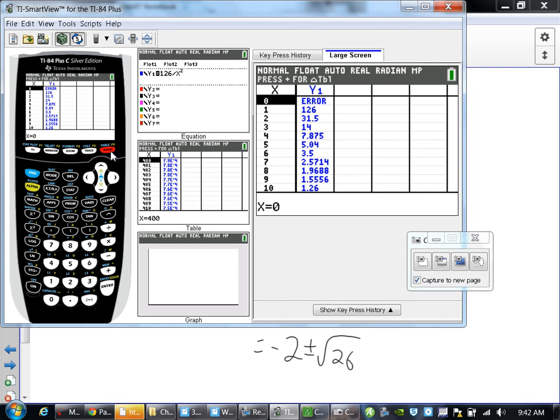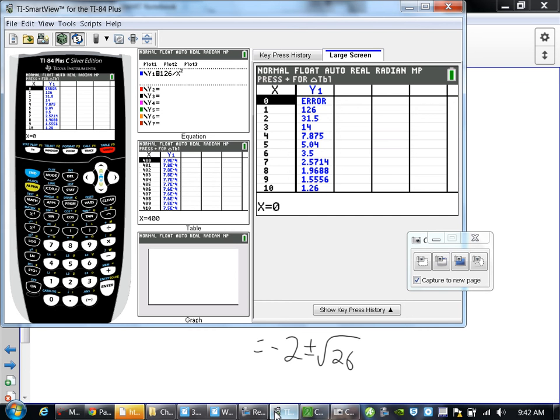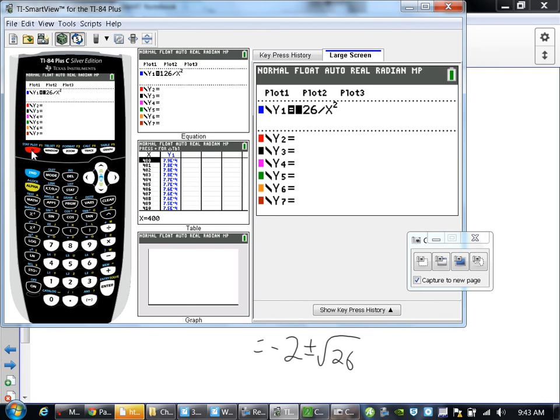What I'm looking for in my table is, was it 126? Oh, 104, sorry. I typed in 126. It's 104.